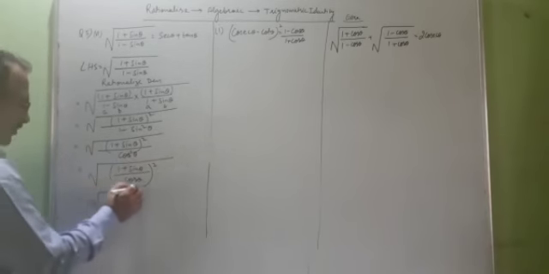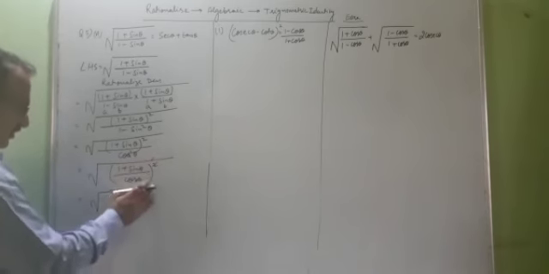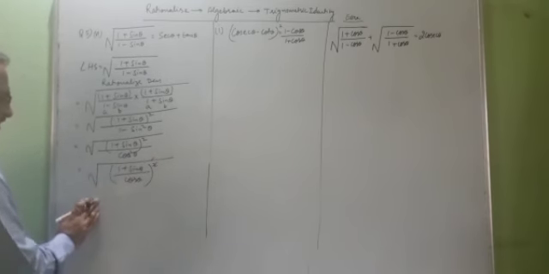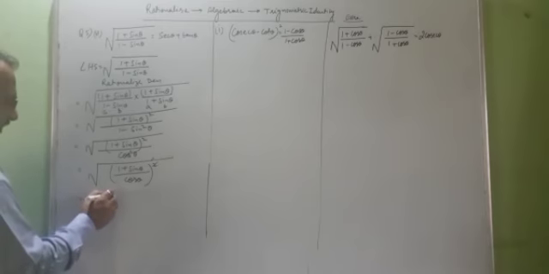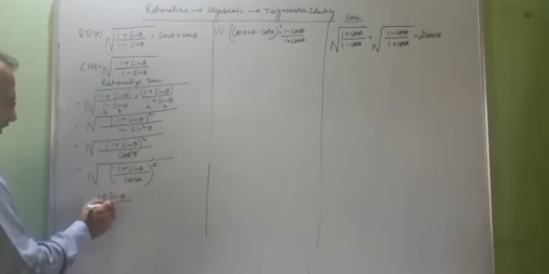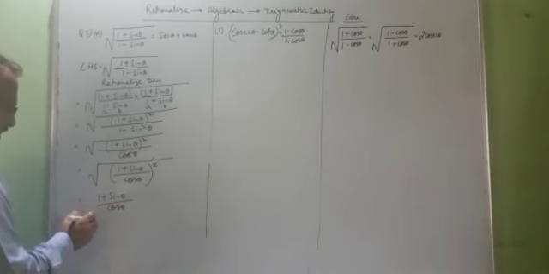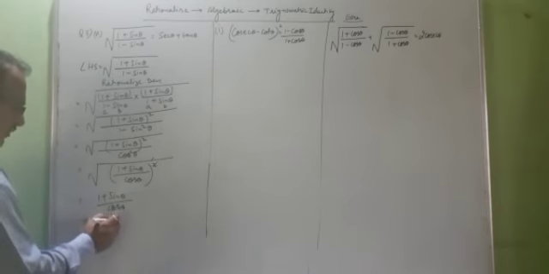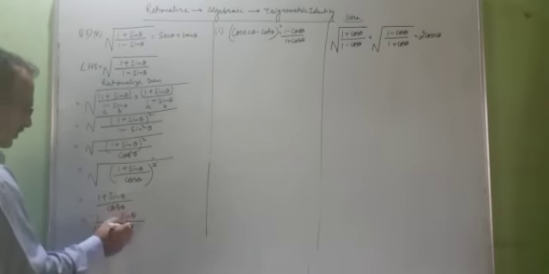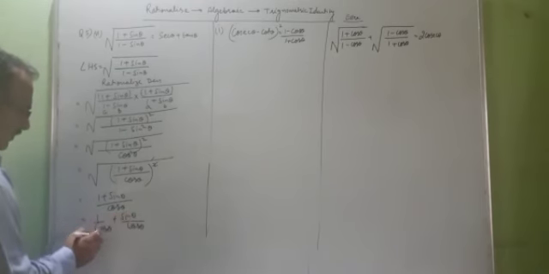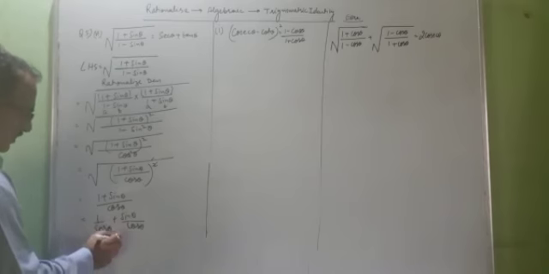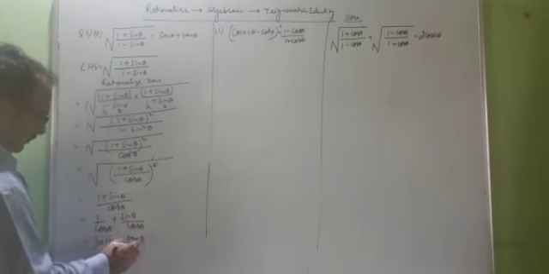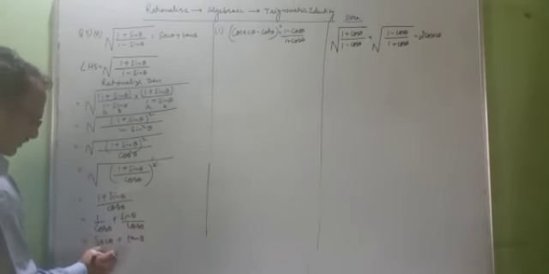So squares will cancel out, and you are left with 1 plus sine theta upon cos theta. Now you separate the denominators: 1 upon cos theta plus sine theta upon cos theta. So 1 upon cos theta is secant theta plus tan theta, which is equal to RHS.